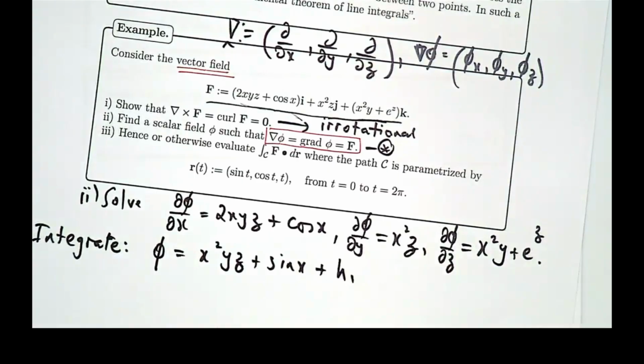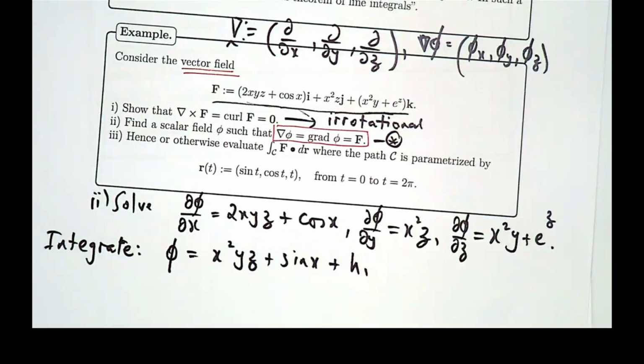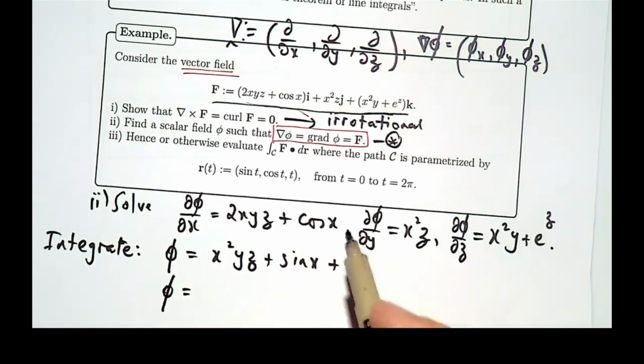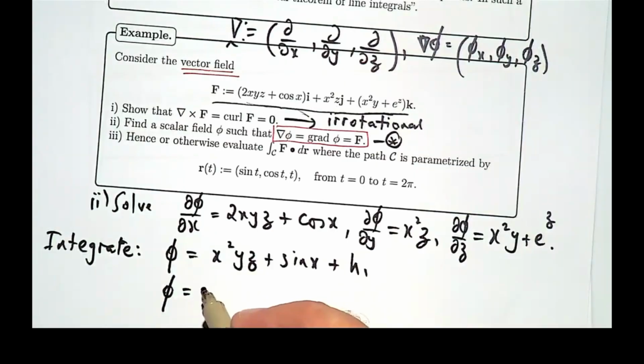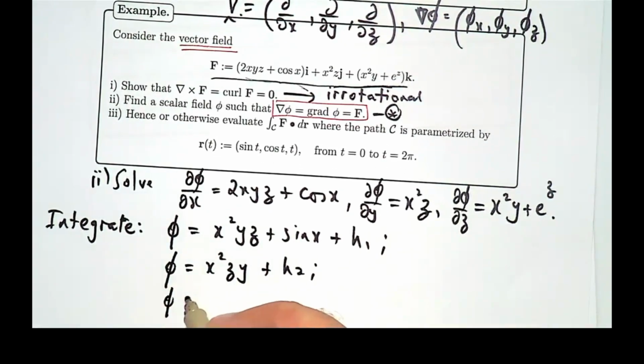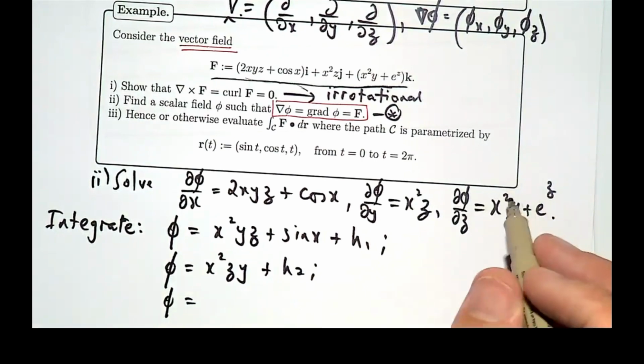And this h1 is going to be like a constant of integration that takes care of the other variables. Integrate that. Same with h2. Integrate this with respect to z.